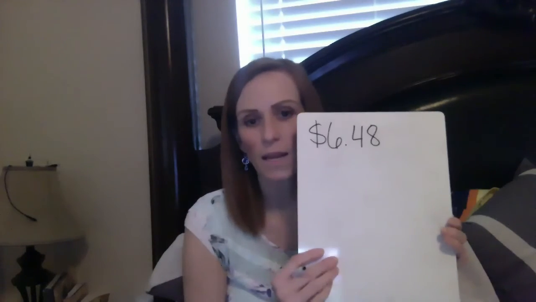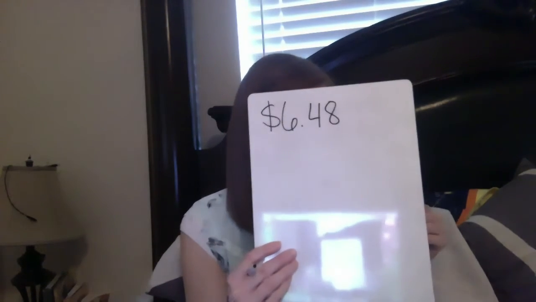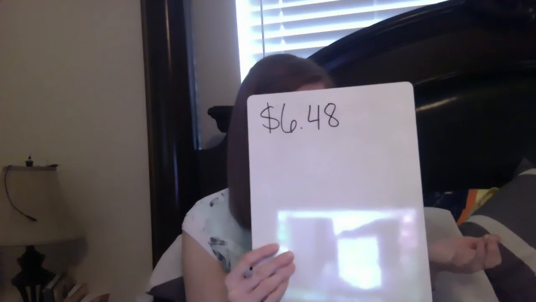So if the sales tax rate is 8%, what is the tax on an item with a price of $6.48? So this is what that means. If you have an item that costs $6.48 and sales tax is 8%, then you are going to multiply that by 8%. So what is 8% as a decimal?